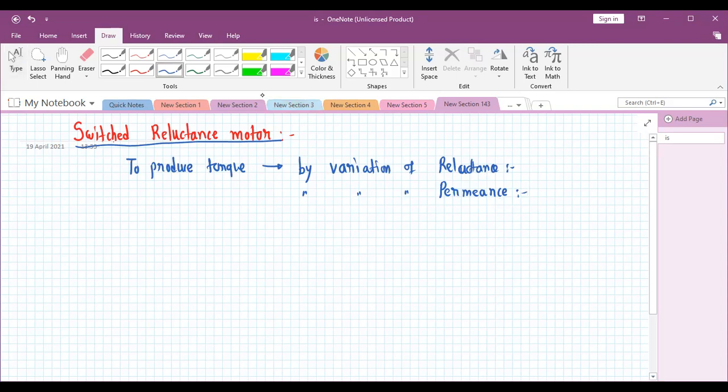Now, how much energy is stored in a magnetic field? The energy stored in an inductor is 1/2 Li square. It is the stored energy in the inductor, or we can say coil.